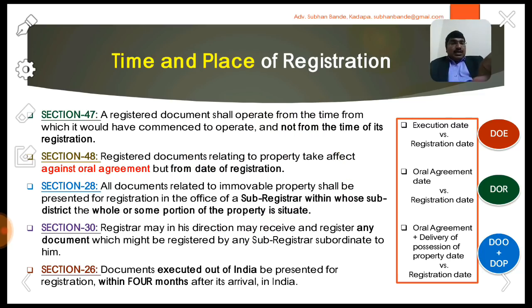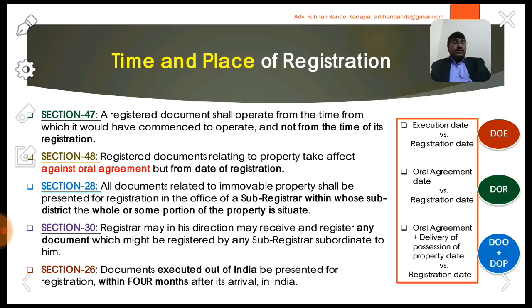Next, according to section 30, registrar may, in his direction, receive and register any document which might be registered by any sub-registrar subordinate to him. Here, the document for registration should be presented in sub-registrar's office in whose local jurisdiction our property is situated.